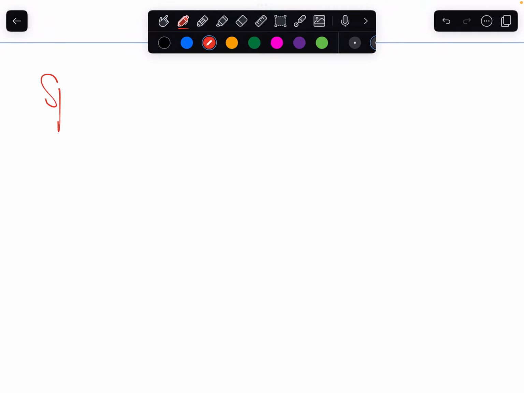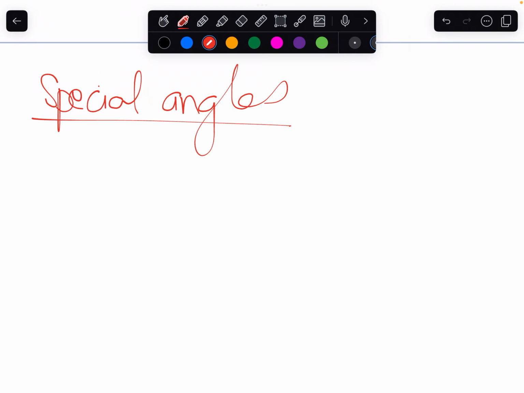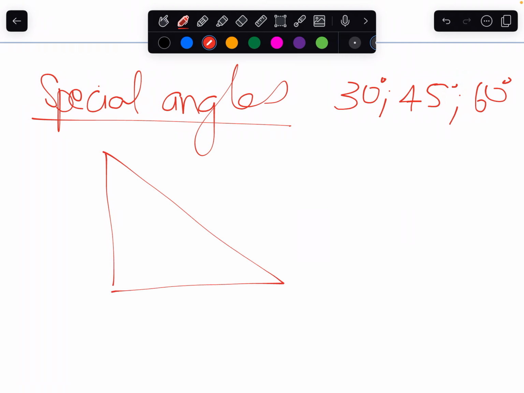So, special angles. Okay. First, really easy one. Let's talk about what your special angles are. In this case, I'm just going to talk about 30, 45, and 60, but sometimes it's also 0 and 90. Are they really special? Anyway, okay, so 30, 45, and 60. 45, we just have to think about a right angle triangle containing a 45-degree angle.